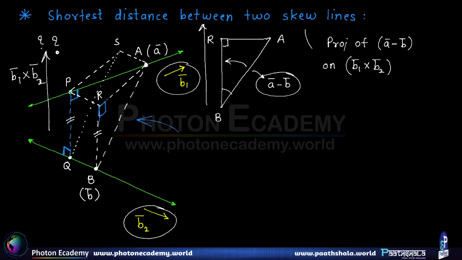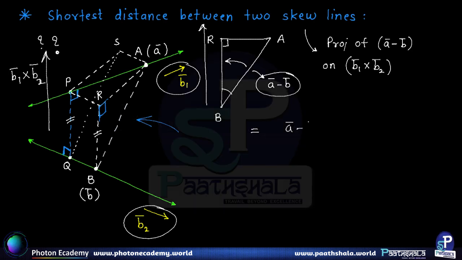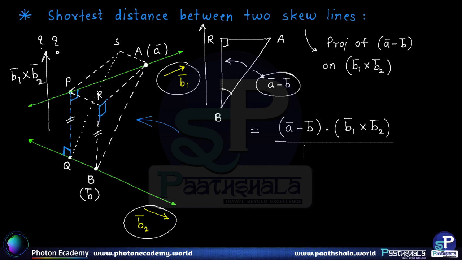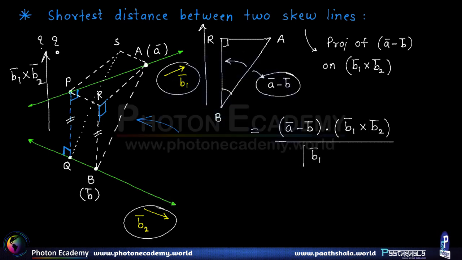Okay? This is the required shortest distance, and by formula we know that the projection of one vector on the other vector is the dot product of two vectors, that is (a bar minus b bar) dot (b1 cross b2), whole divided by the modulus of that vector on which the projection is being taken.